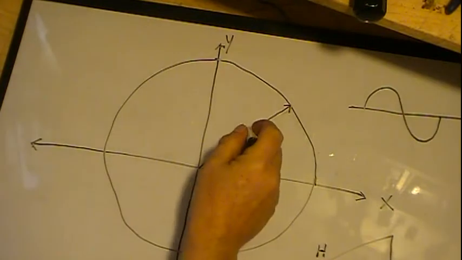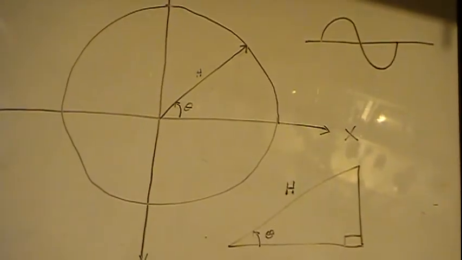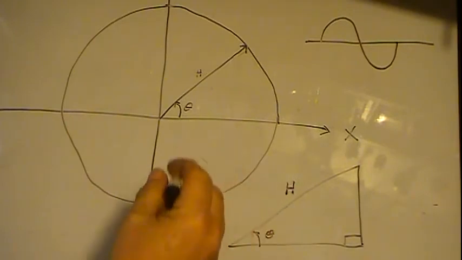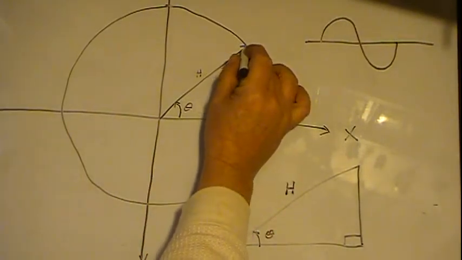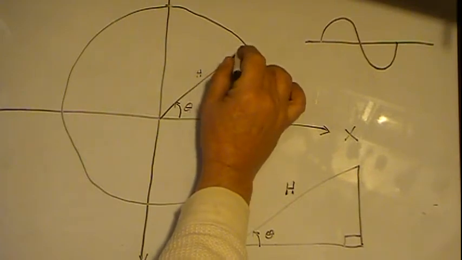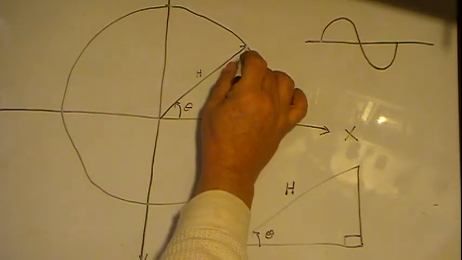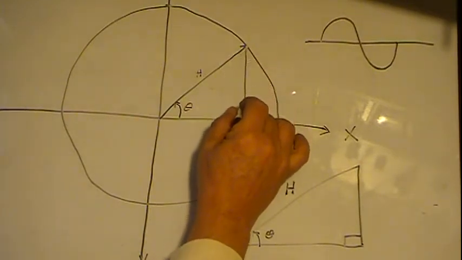So how is this the same thing as a triangle? Well, it's real simple. You just take from the point where the hypotenuse line or terminator intersects the circle and come straight down.